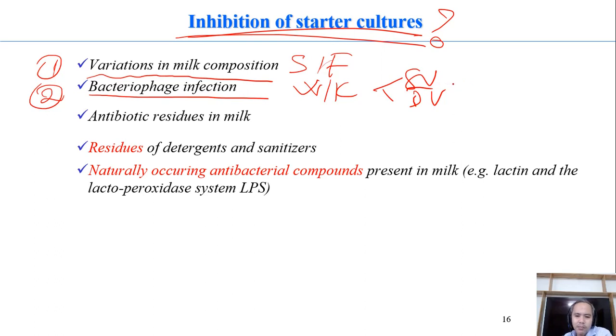When the fermentation becomes slow, it becomes risky because it's a chance for undesirable microorganisms to grow. When the one we want to grow doesn't grow dominantly, that is a chance for something else to grow.